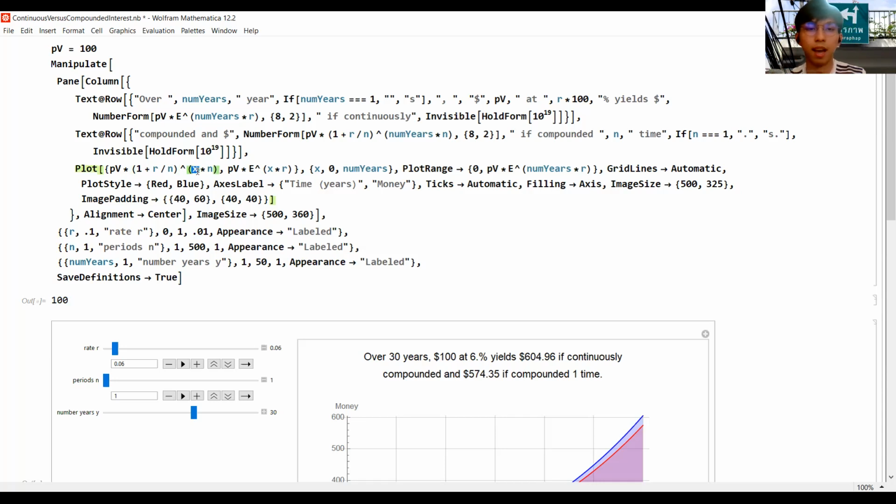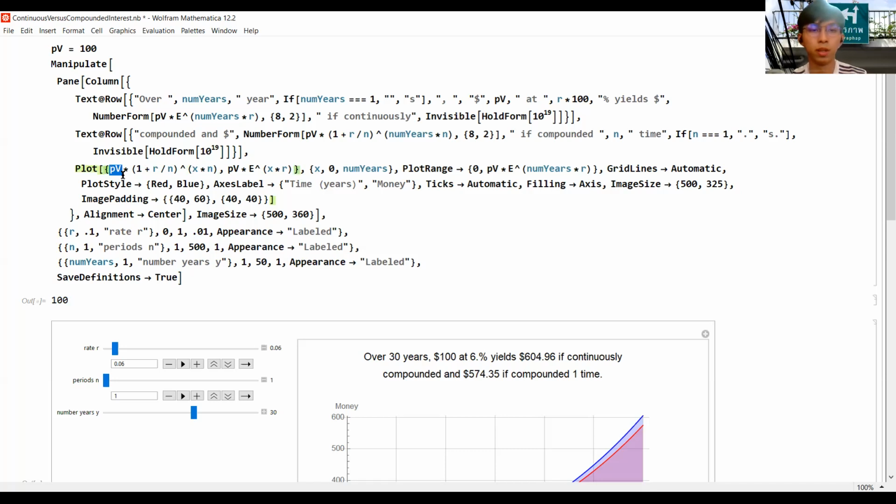You will have a final return. The formula of the compound interest is 1 plus the interest rate over n, to the power of time multiplied by n, and then multiplied by the principal value. That's the formula to compute the final return.